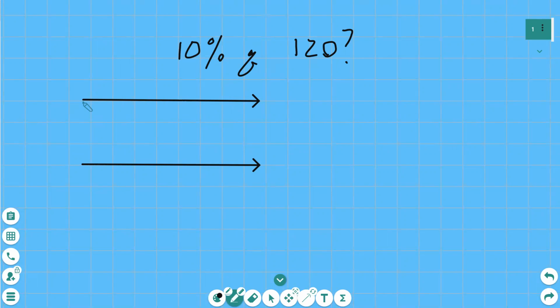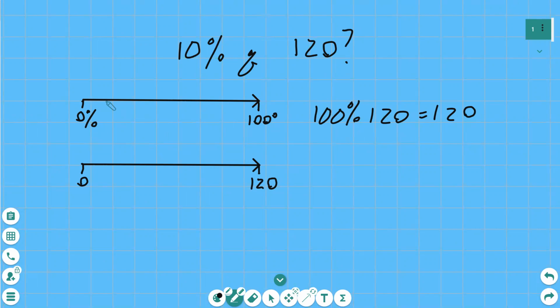So again, for the percentage, 0% and 100%. And for the number itself, there's 0, which is the same as 0%. And the whole thing is going to be 120. 100% of the number, the whole number, is 120.